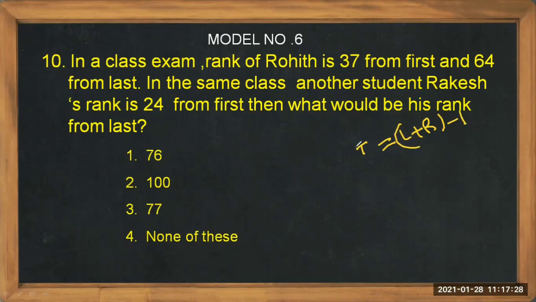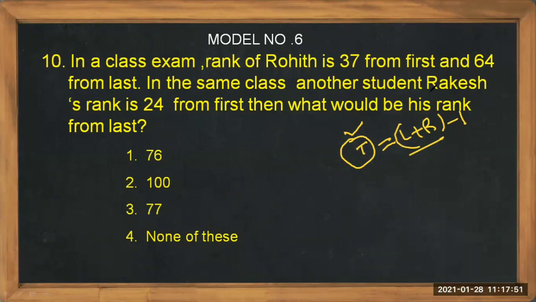Whenever we have two ranks, the rank from the left and the rank from the right, we can find the total number of students. Or else we can find any rank from any side if we know the total and the other side.